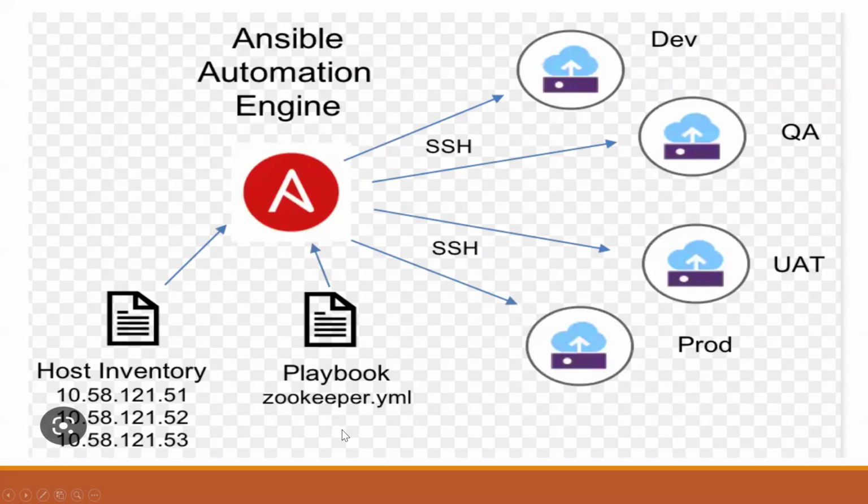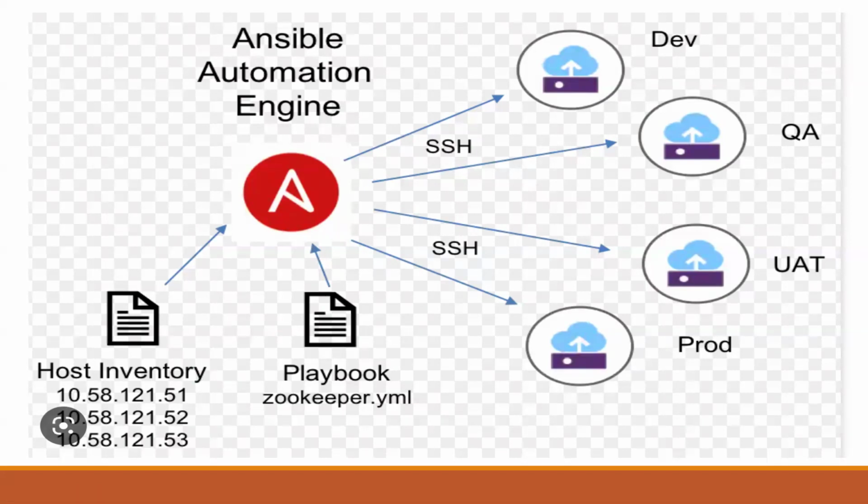Module is nothing but, for example, I want to install Apache HTTPD on a few servers, right? On which servers do you want to install the HTTPD? I want to install HTTPD on 4 servers. For example, 10.58.121.51, 52, 53. On these 3 servers, I want to install Apache HTTPD.